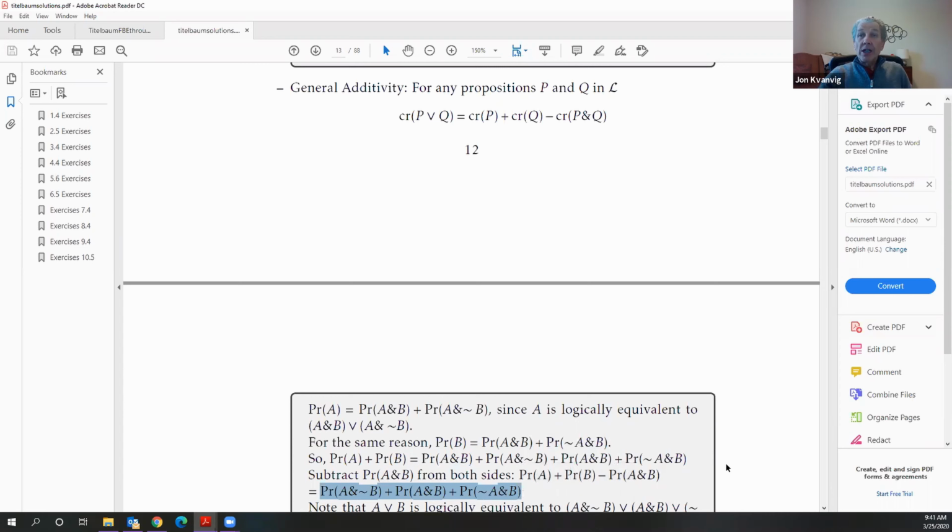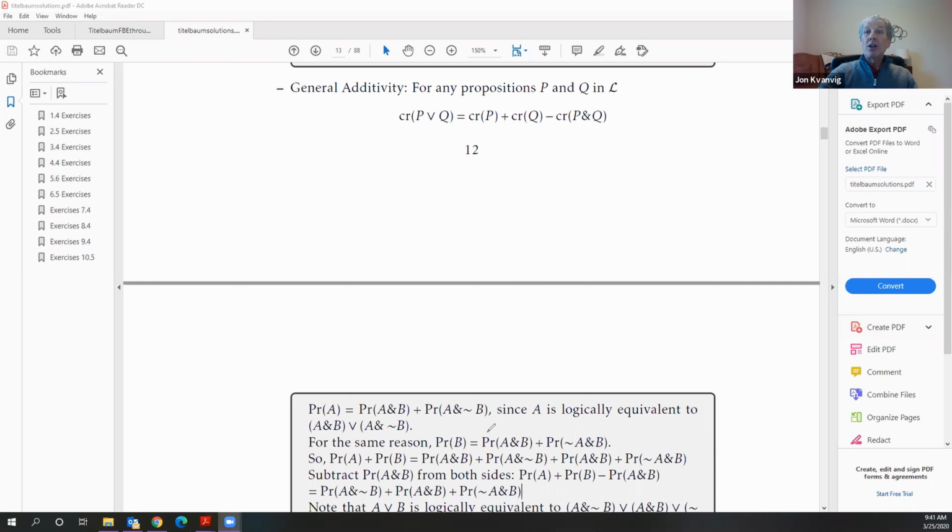All right, now when I was talking about disjunctive normal forms for propositions, I said we would use something about disjunctive normal forms when it came time to prove the general additivity rule, and that's where we now are.